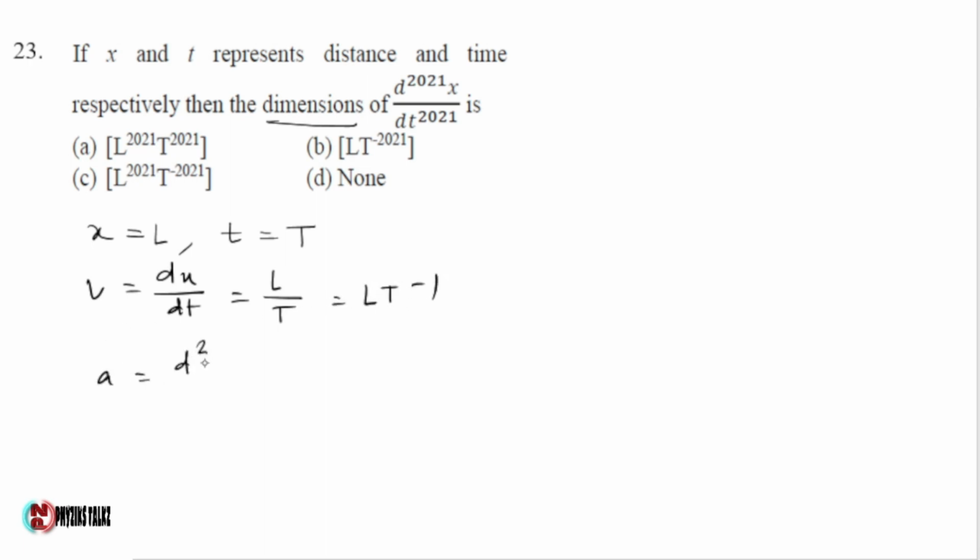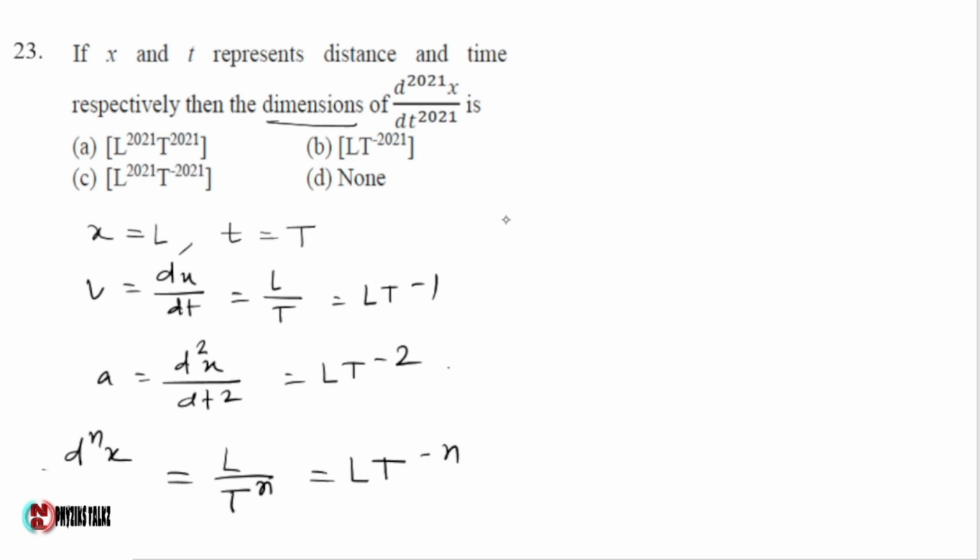Acceleration is d2x by dt2, LT minus 2. So we can write dnx by dt to the power n has the dimension L by t to the power n equals LT minus n.